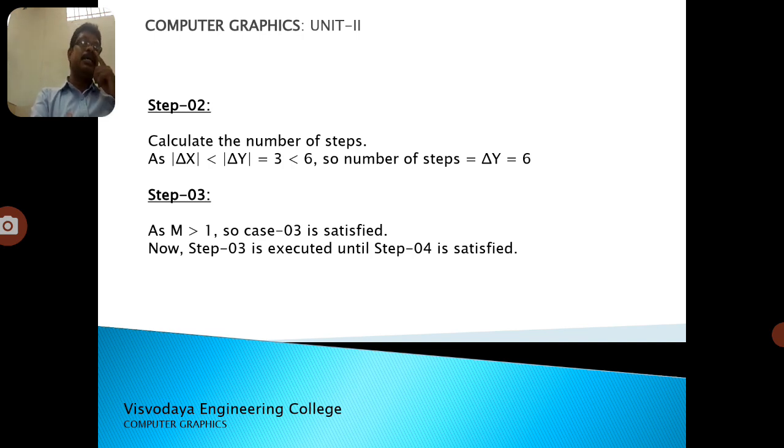So we go to the initial part of the algorithm: if the absolute of delta x is greater than the absolute of delta y, then the number of steps equals delta x. Otherwise, the number of steps equals delta y. Here delta y is the greater value, so the total number of iterations, including the starting and ending point, is delta y, that equals 6.